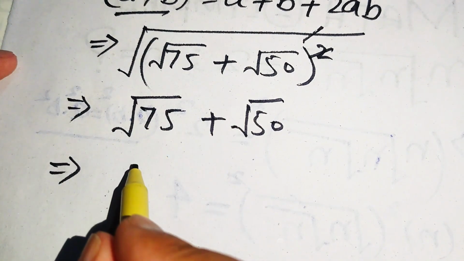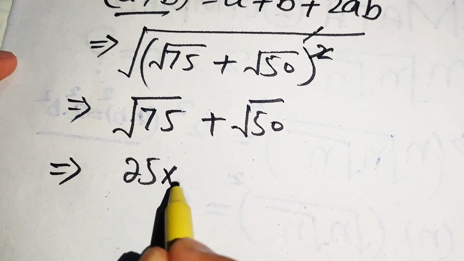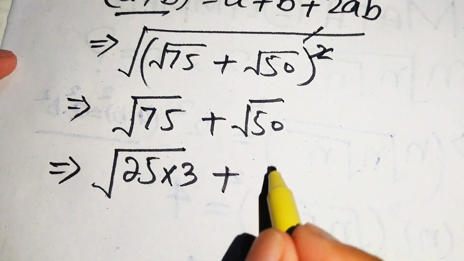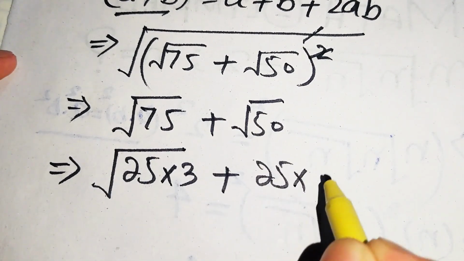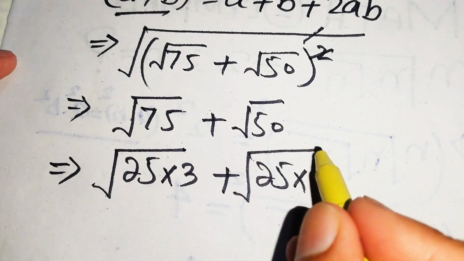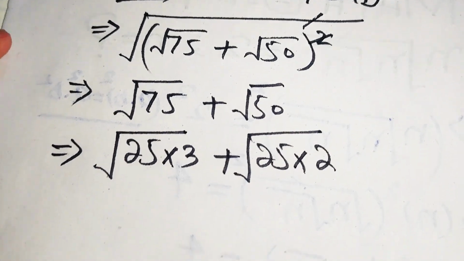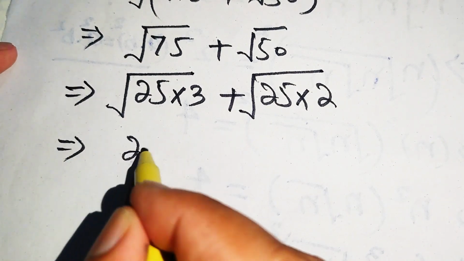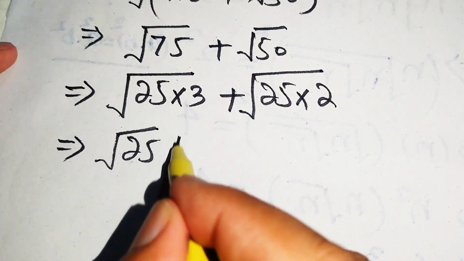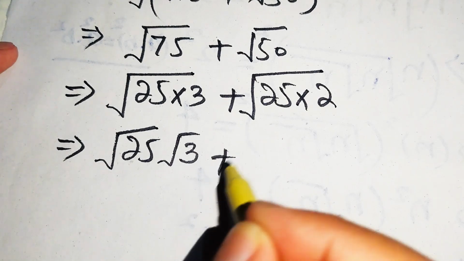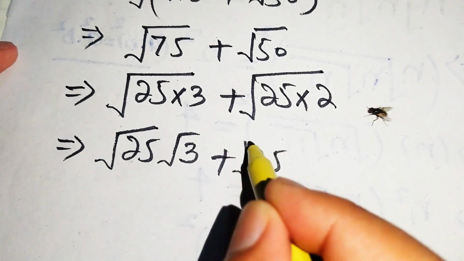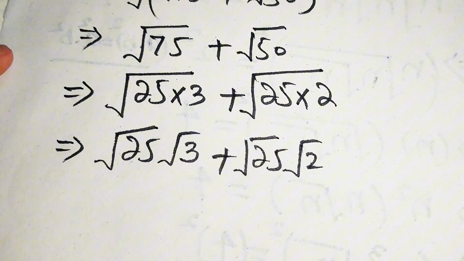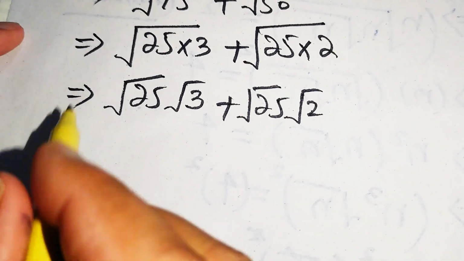We write this 75 as 25 multiplied by 3, and 50 as 25 times 2. In the next step, we separate the square roots of both of these terms, and it will be written as the square root of 25 times the square root of 3, plus the square root of 25 times the square root of 2. Here we use the nice radical law, and you know about this radical law.